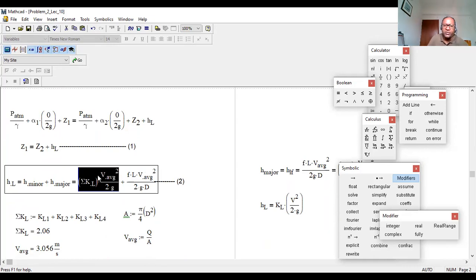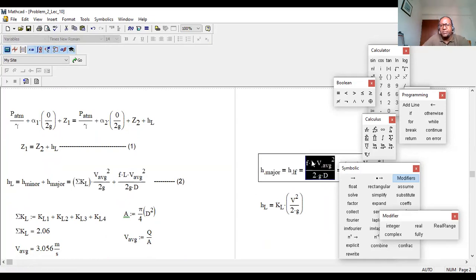Now, you need to figure out the frictional loss, that is called major loss. And this is the formula: f L V square by 2gD. L is given. V average, we already figured out, Q by A. But we need to figure out this friction factor f.